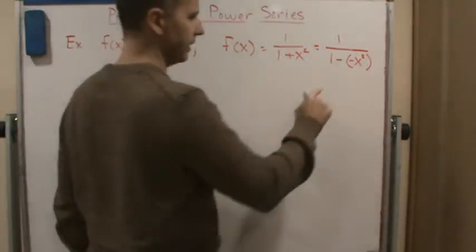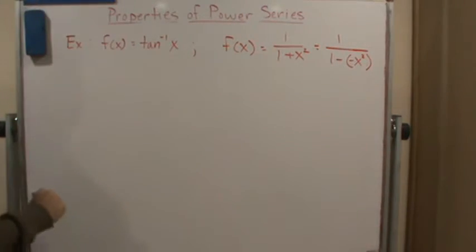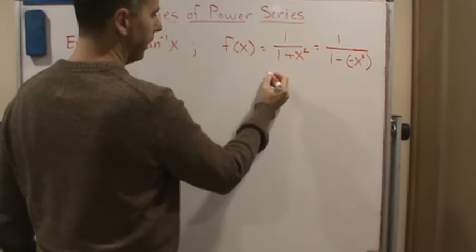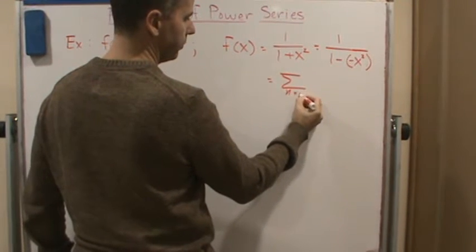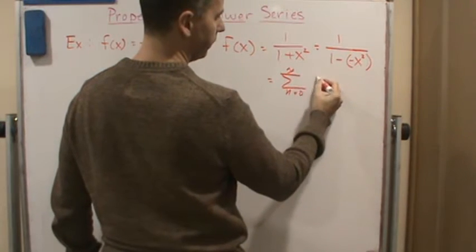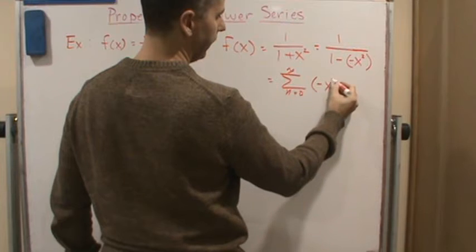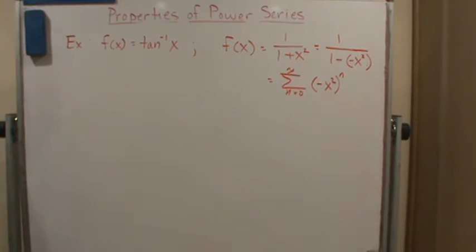Okay, so notice that the negative is outside the square. Now, again, we can write this as a power series, n equals 0 to infinity of what? It's going to be negative x squared to the nth power, right?